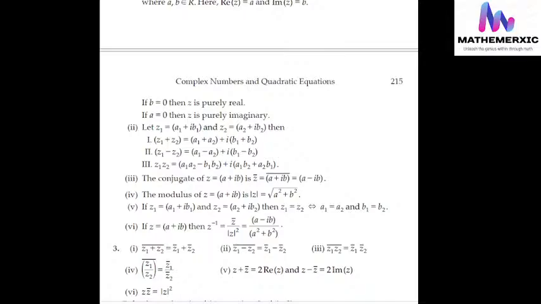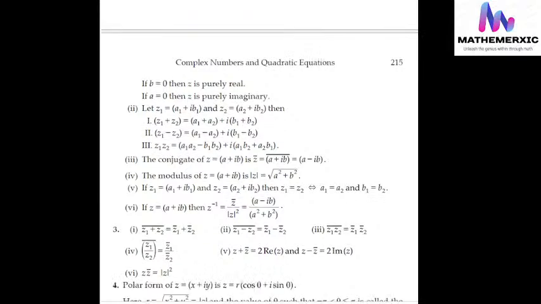Then z1 into z2 is a1 a2 minus b1 b2, plus i times a1 b2 plus a2 b1.